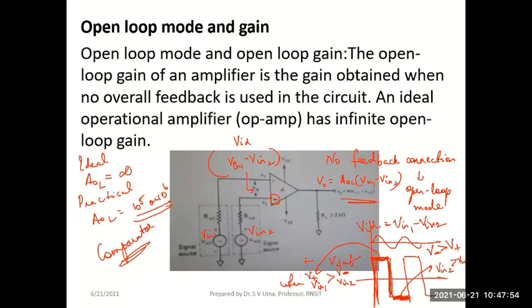A comparator is a circuit which can compare two of its input voltages and generate an output which gives you the result of comparison. So if I want to know which voltage is greater, I'll get to know that in the result depending upon whether the output is at plus VSAT or minus VSAT.